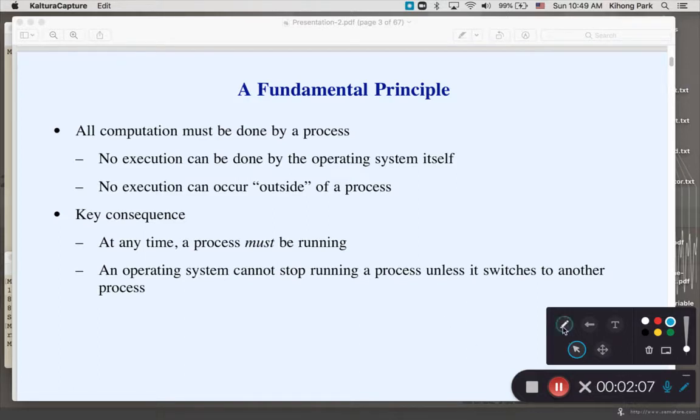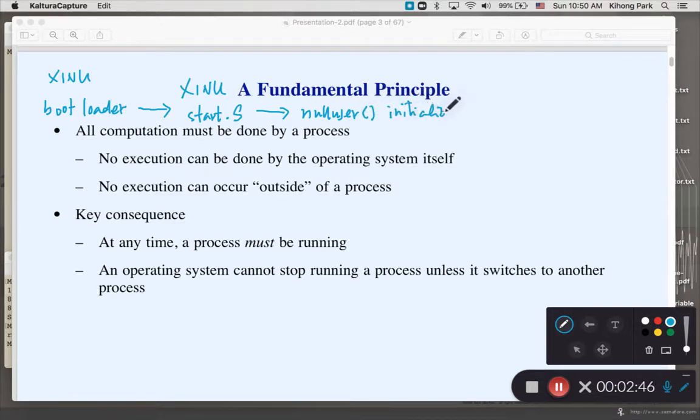Here, just to remind you, in the case of Xinu, but this holds for Linux and Windows as well, we are doing bootloading at the start, bootloader runs, and then at some point we are branching off to Xinu code, in particular code inside this file start.S, which is part of Xinu, where it does some initialization, then it makes a jump to this function nulluser in the file initialize.c, and you got some sense of these steps by looking into the Xinu code in lab 1, and then from here on, of course, the rest follows.